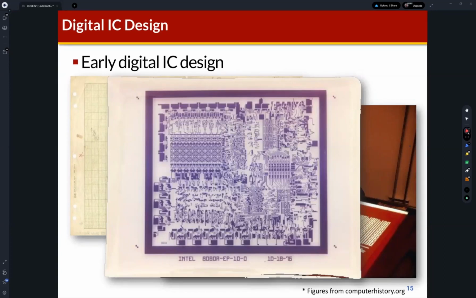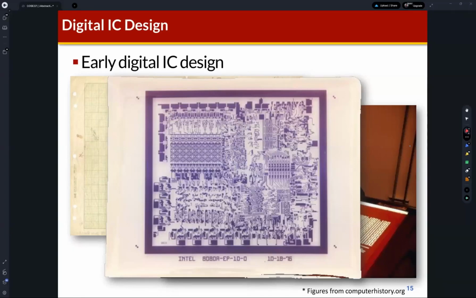But this is rather simple compared to modern integrated circuits. This Intel 8080 chip was launched in '76. Well, it's very simple.